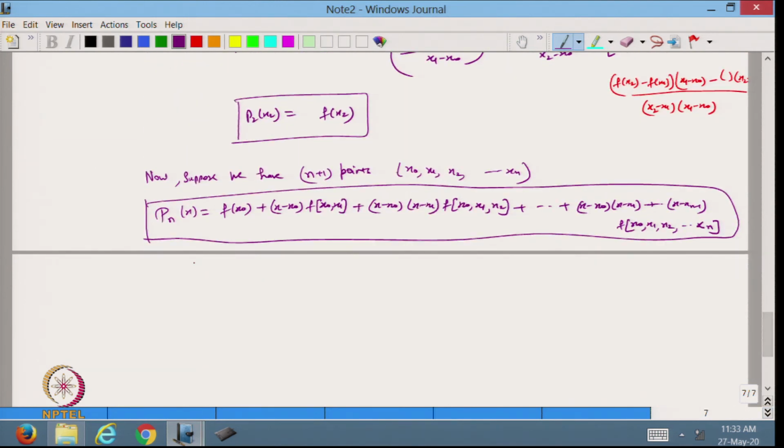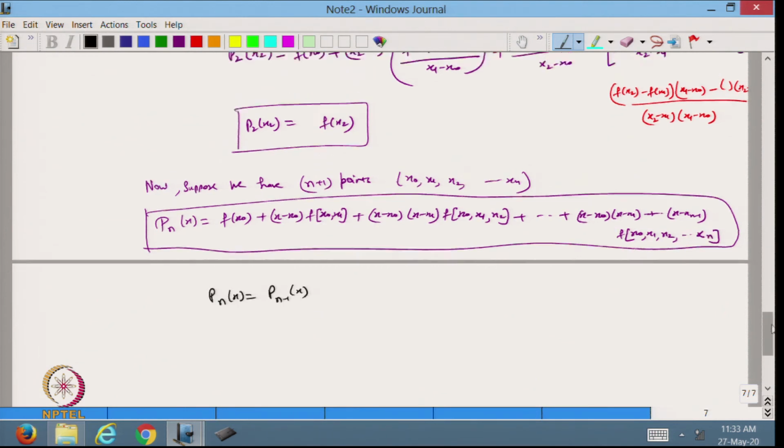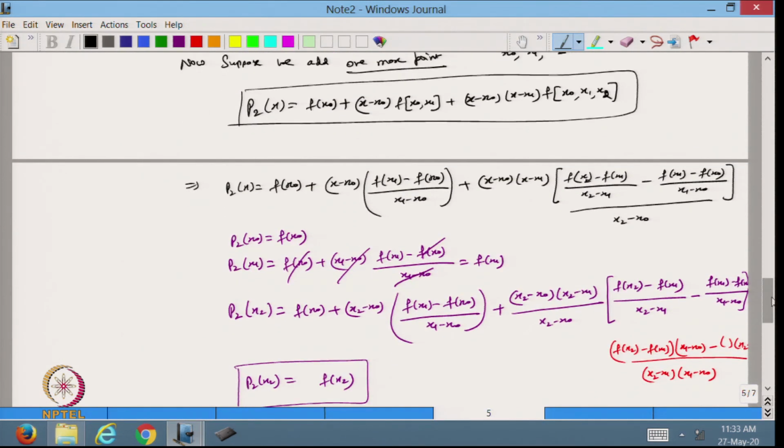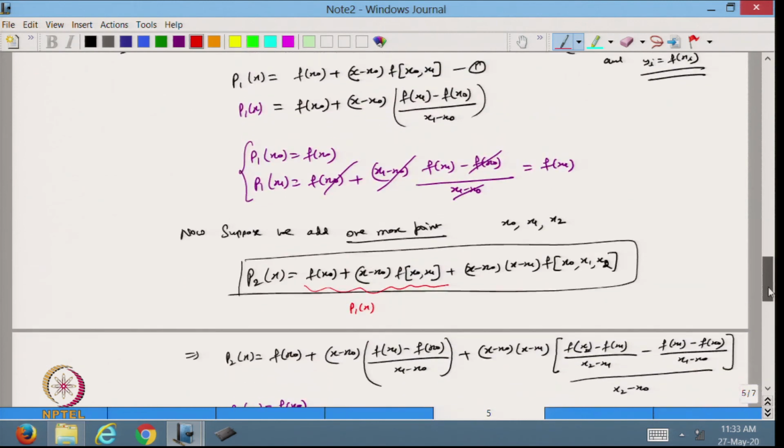So, from here also we can say that my pn x can be written as p n minus 1 x, like we have seen here that in the p2 x I was using this value. Up to this it was p1 x, and I have added this term, right.